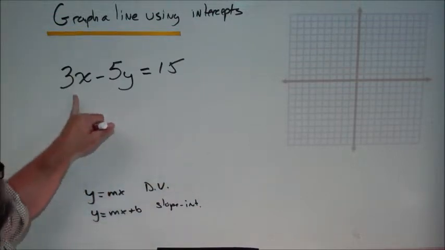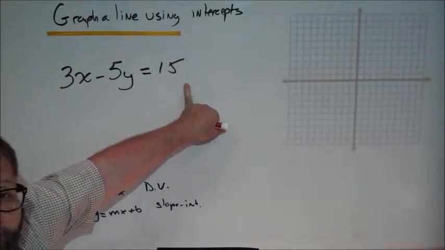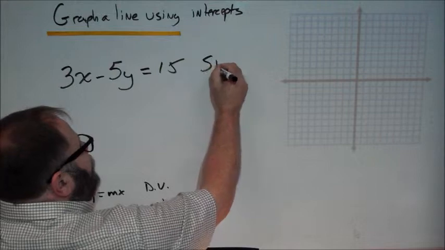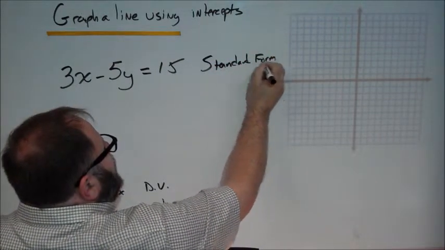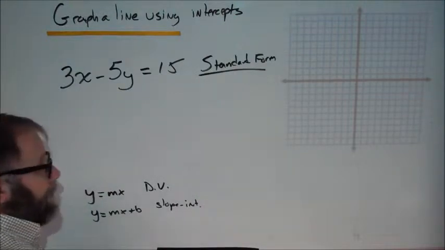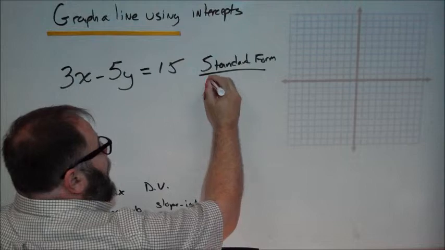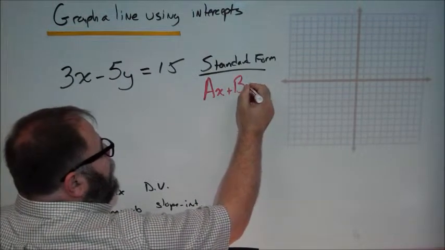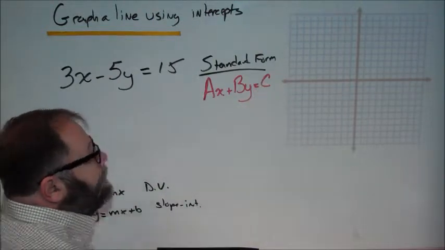And this, where we have a coefficient on x, a coefficient on y, and the constant on the right side of the equal sign is called standard form. Standard form, algebraically, in a general sense, looks like this. Capital A, lowercase x, plus capital B, lowercase y, equals C.